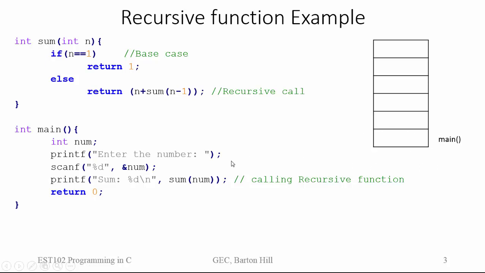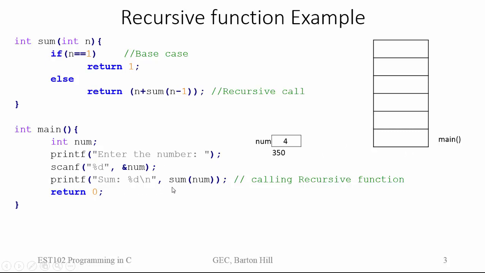Here, no one is calling the main function, so it won't have any return address. It will only have the variable num. Once the execution starts, memory will be allocated for num, and we read a value for num, which I consider to be 4, and it will be allocated inside this stack frame or activation record corresponding to the main function.